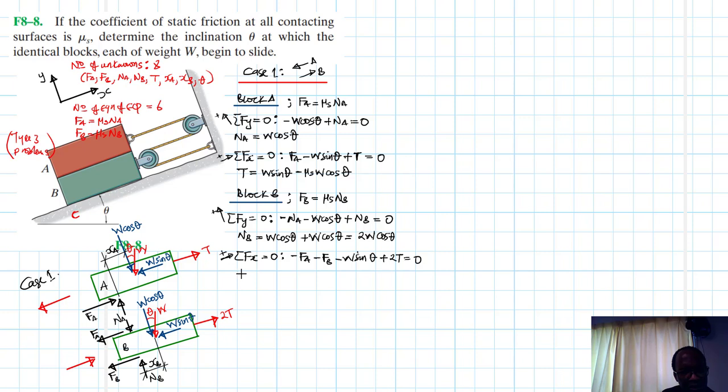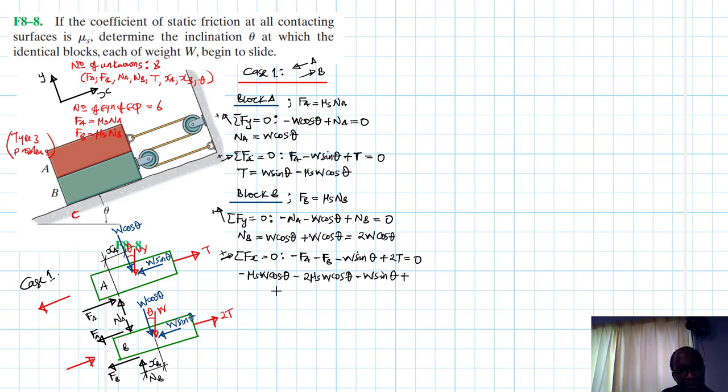Let's write this. So this becomes minus mu S NA, and our NA is just W cos theta, then minus mu NB, and our NB is 2, so this just becomes 2 mu S W cos theta, then minus W sine theta, then plus 2T.